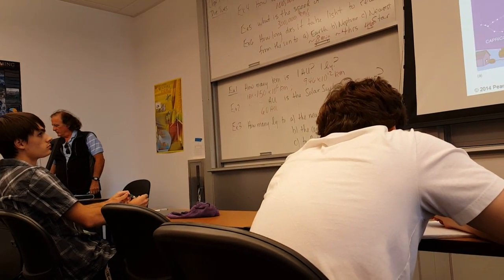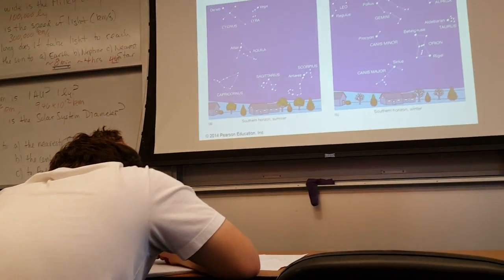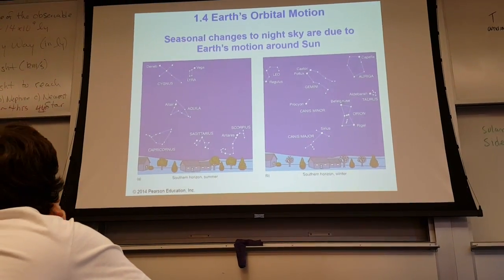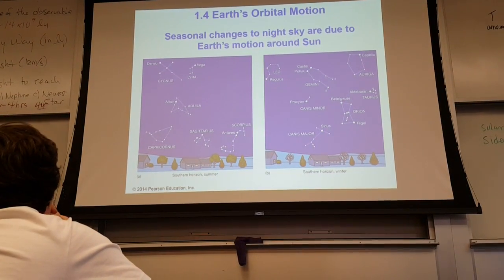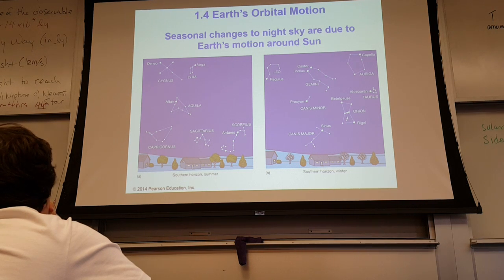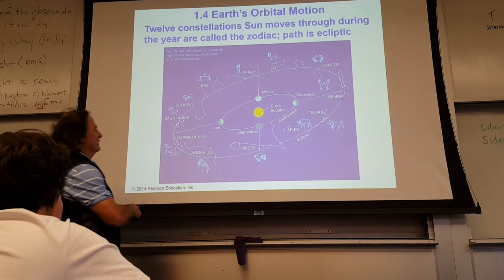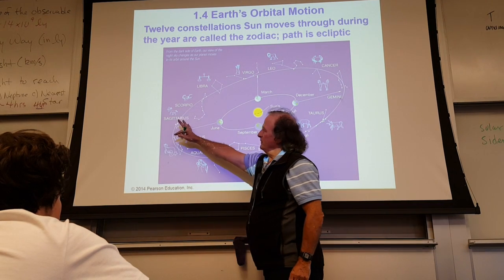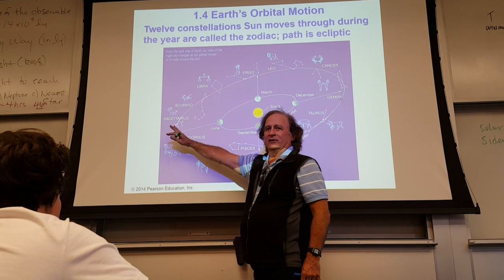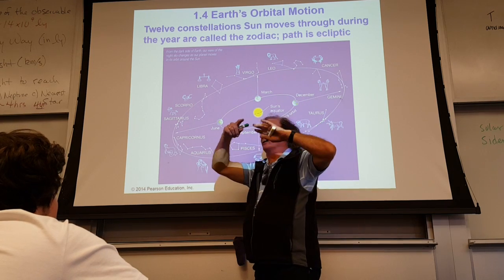Okay, let's see. Now, as we said before, it's summer and winter. So let's just go back to the zodiac here. If we look in the night sky, in the summer, we see these constellations, including the summer triangle and stuff.